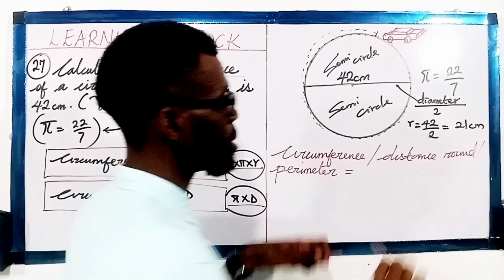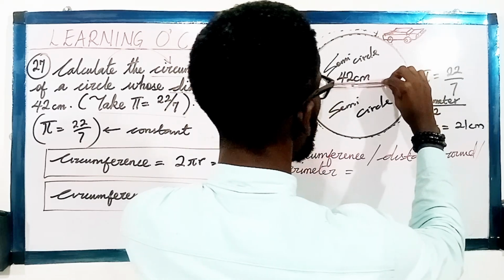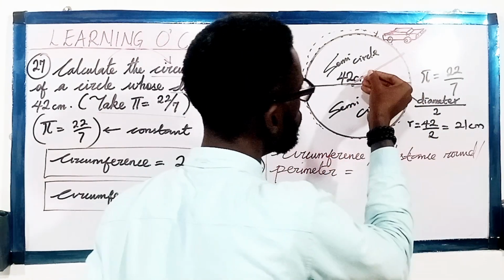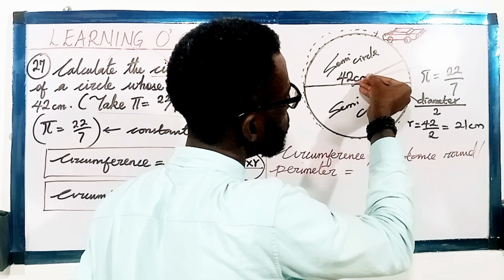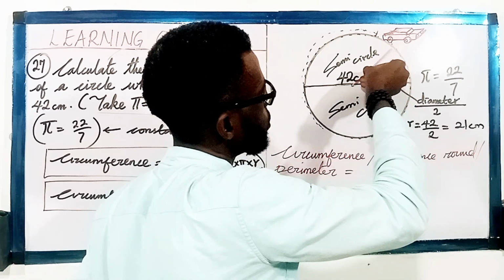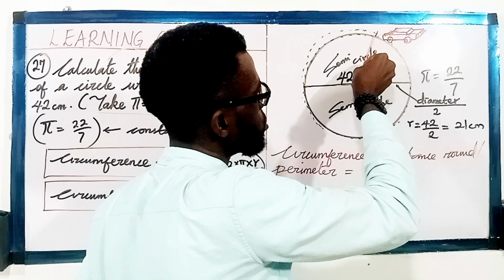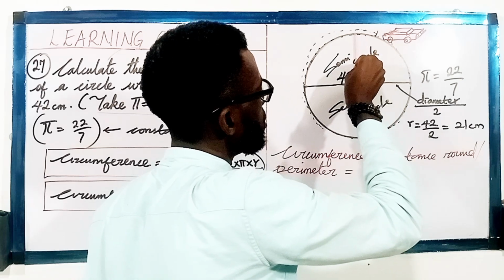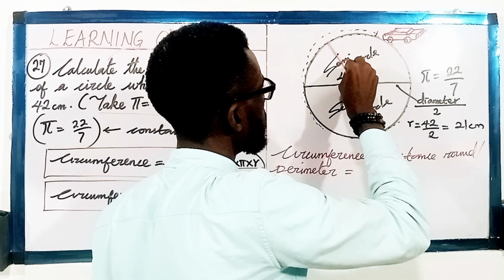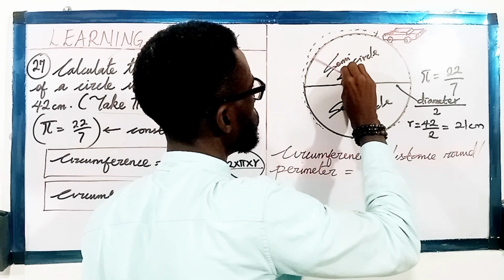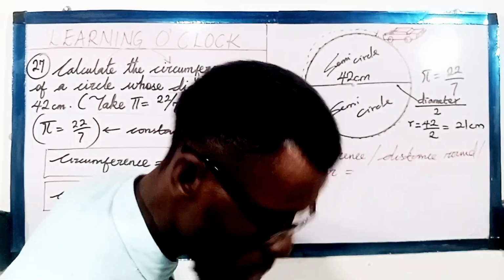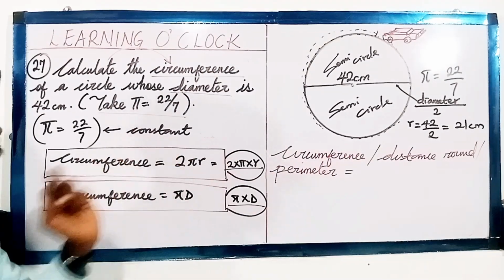The diameter must pass through the center, but a radius can be a line drawn from the center to any part. It could be from here to here, that's the radius. Here to here, that's a radius. From the center to any part of the circumference of the circle, it's still a radius. So there you go, that's radius and diameter.